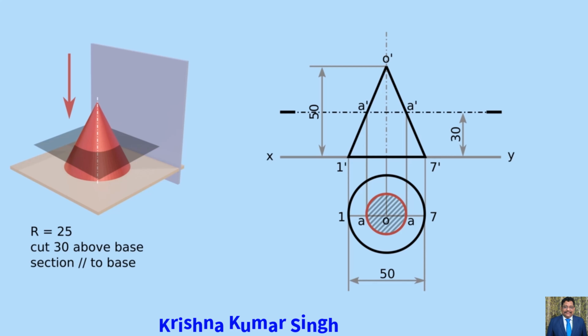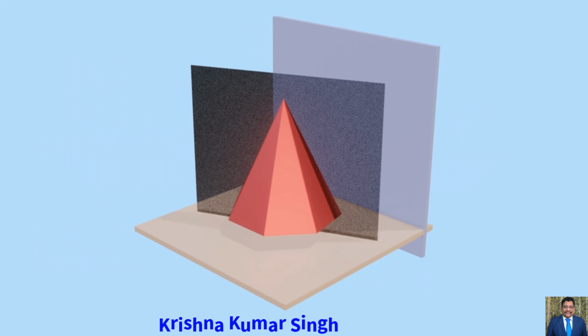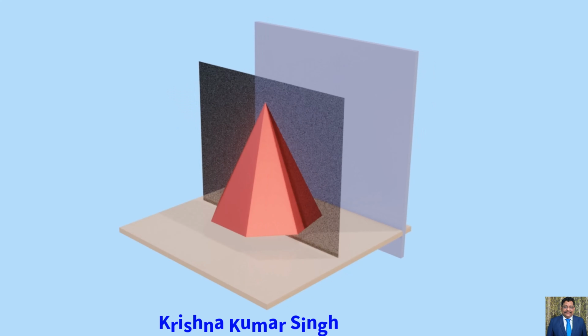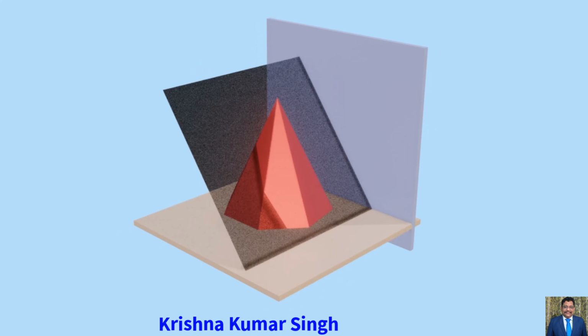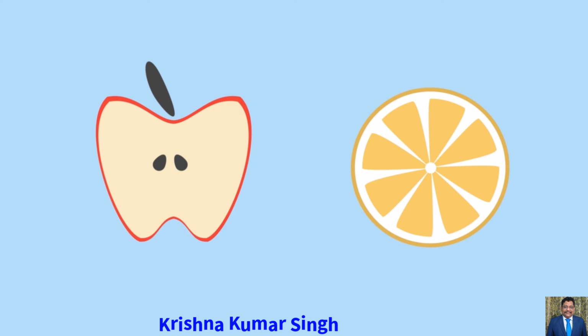In this problem, we have seen that the true shape of the section is shown by the circle in the top view, whose diameter is equal to the length of the section, that is A-A'. This is also about different positions of the section plane. As we get different shapes of fruits by cutting them in different ways, similarly, we can get different views of a regular solid when it is cut by positioning section planes at different positions.